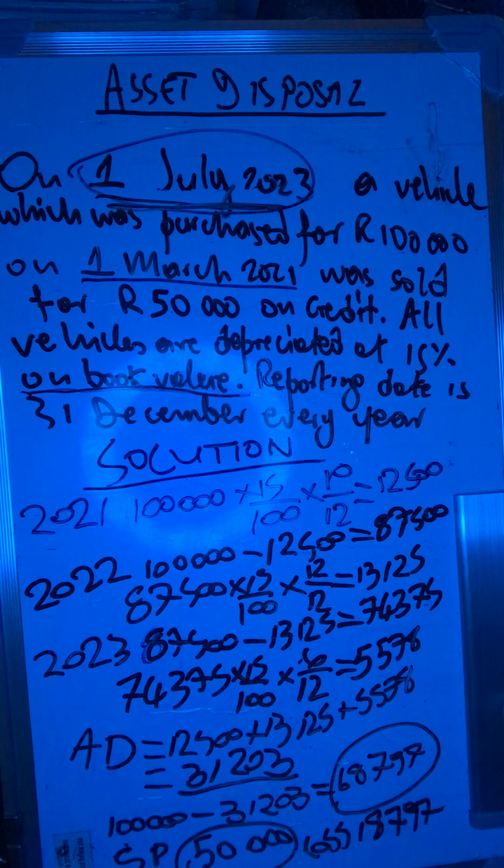Then the final step is whereby you are determining whether you made a profit or a loss. And we have already determined that. We said we made a loss. A loss is an expense, and expenses always increase on the debit side. So your step 4 is going to be debit loss on sale of asset, credit asset disposal with how much? 18,797.